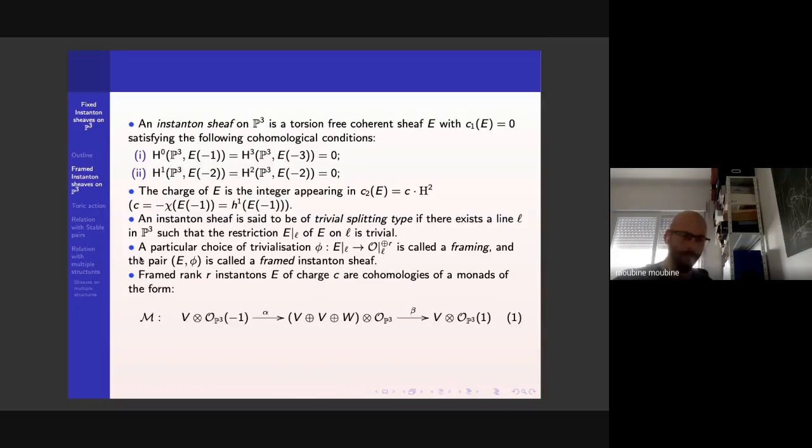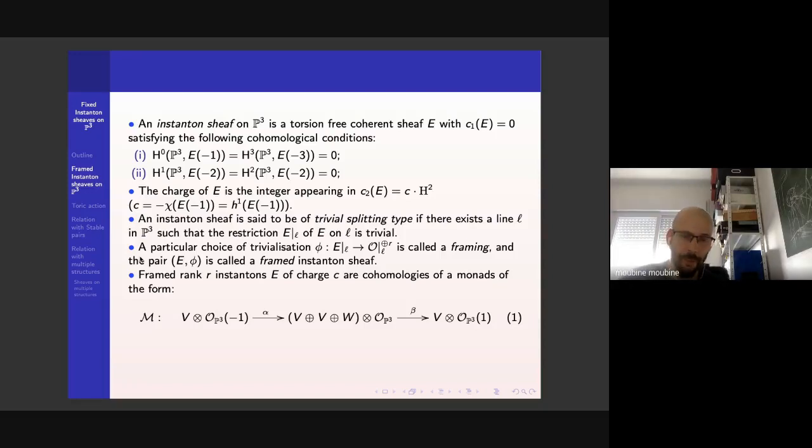Okay. So using the Beilinson spectral sequence and many other techniques, one can have these instanton sheaves as the cohomology of complexes, which are called monads. They are complexes of 3 vector bundles. On P3, they are of this form. V and W are vector spaces.